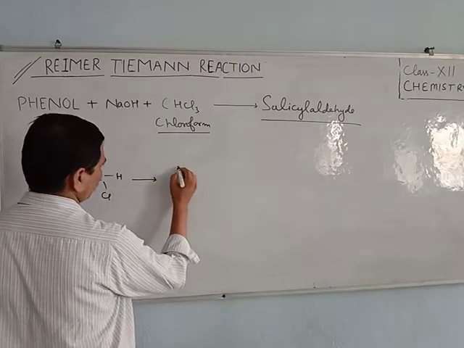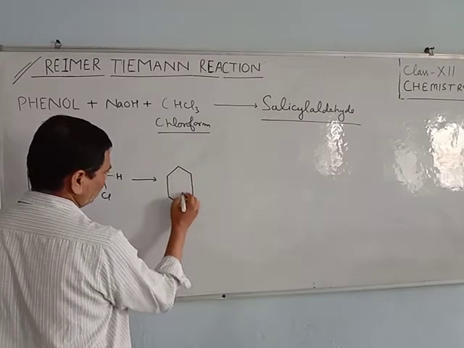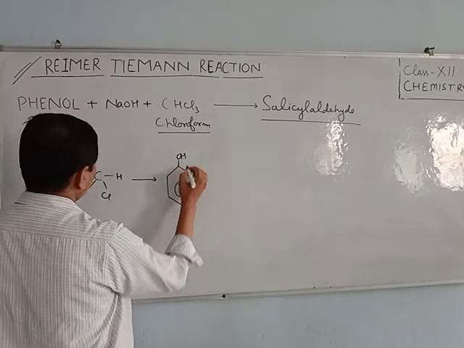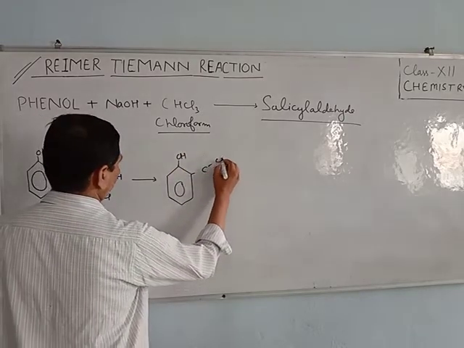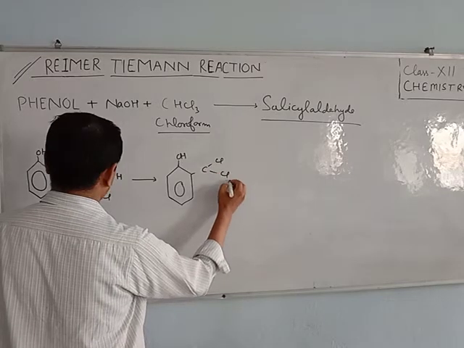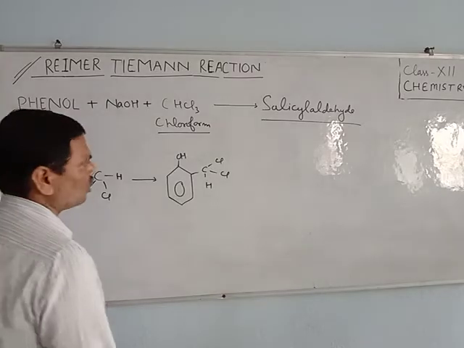Now we get the aromatic ring with a carbon attached carrying Cl and H. This is the intermediate compound.